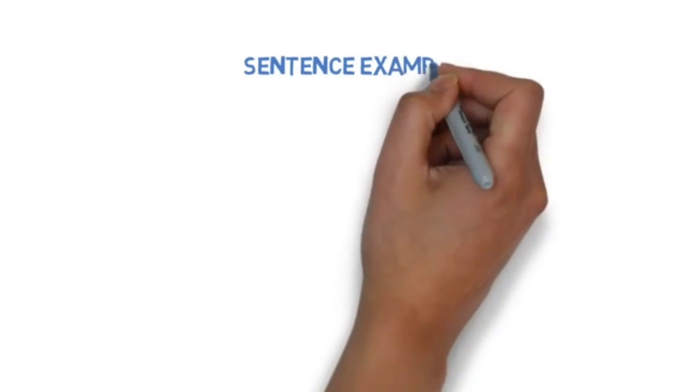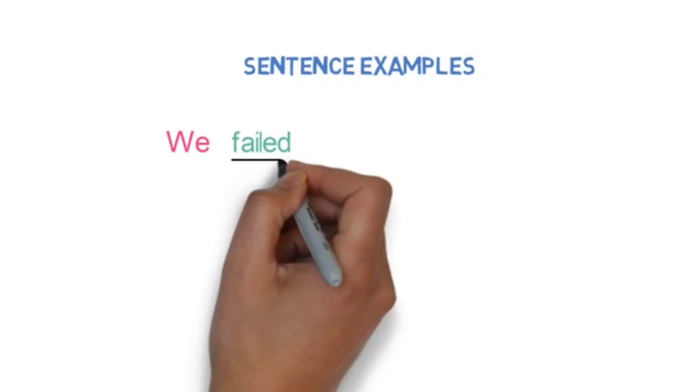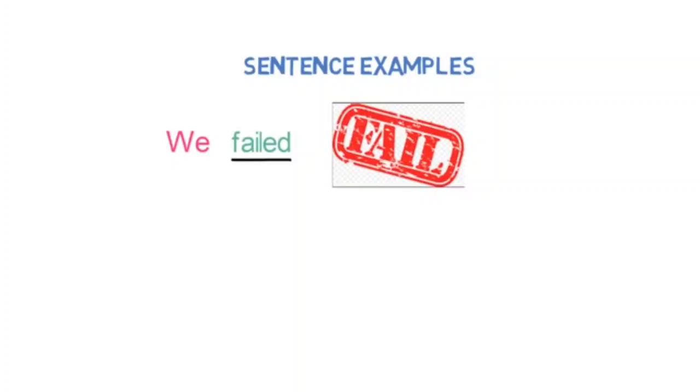Let's look into some more sentence examples for intransitive verbs. Here, the sentence is we failed. Here, failed is an intransitive verb as there is no direct object linked with it. Let's see the next example. The sentence is she is sleeping.